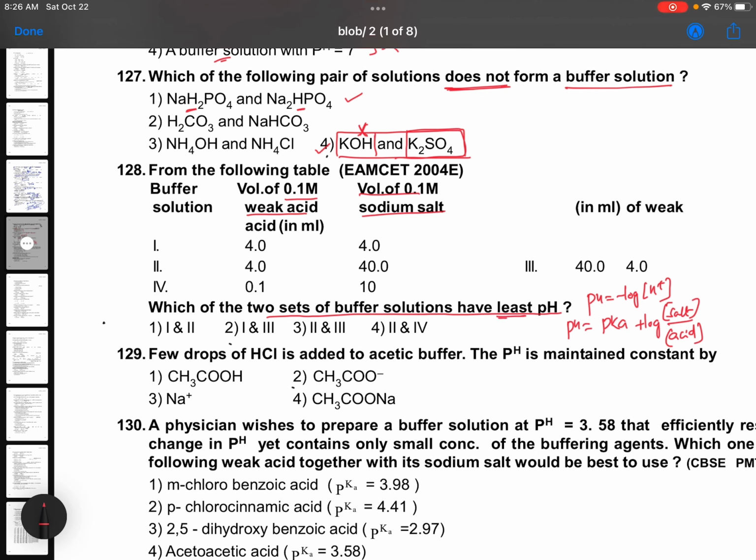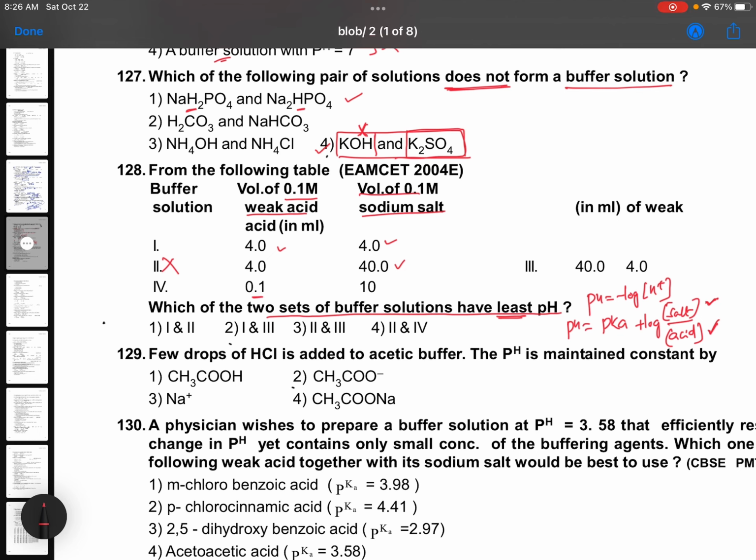So what is it asking? Least pH means acid concentration should be more and salt concentration should be less. See, acid concentration, both are same here. Here salt concentration is more, so this is not your option. You cannot go with this.